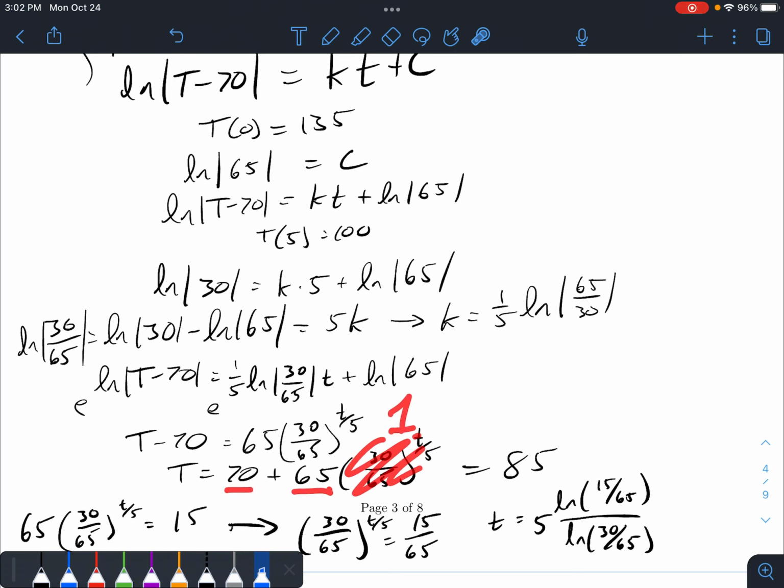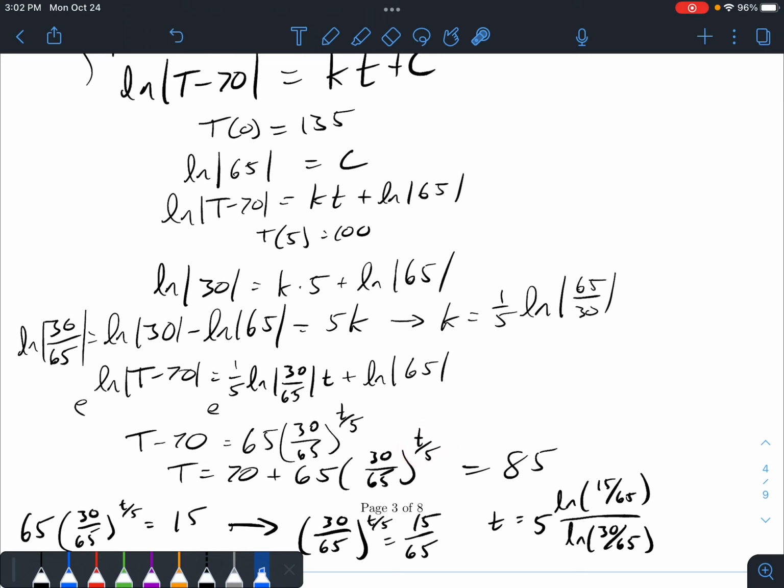So I should get 70 plus 65, which is indeed 135. And if I have t equal to 5, then t over 5 becomes 5 over 5, so this becomes an exponent of 1. So this just becomes 65 times 30 over 65, with no exponent. The 65s cancel, and this becomes 30. 70 plus 30 is in fact 100.